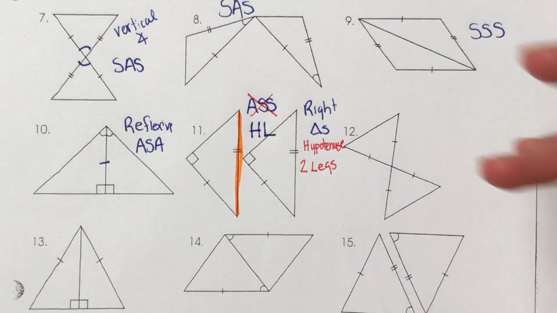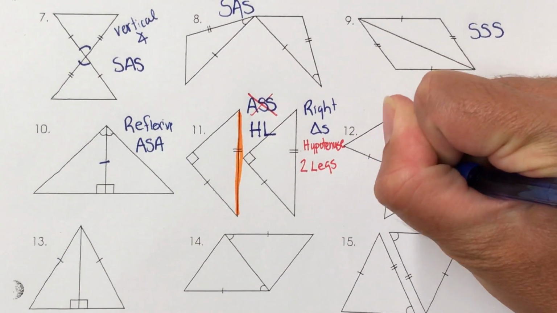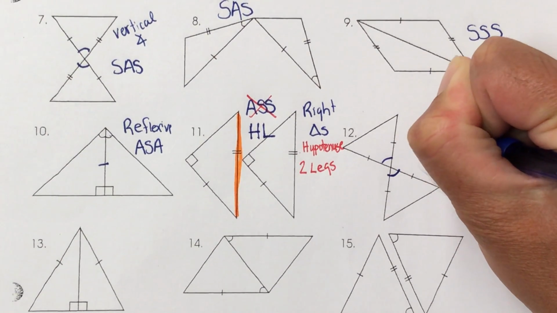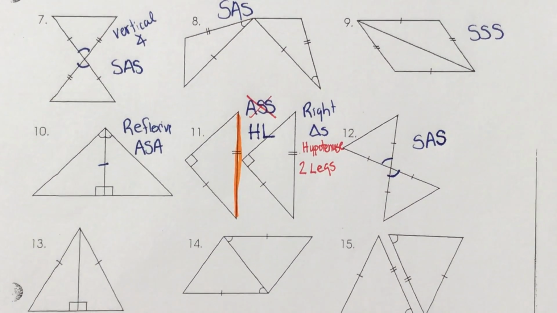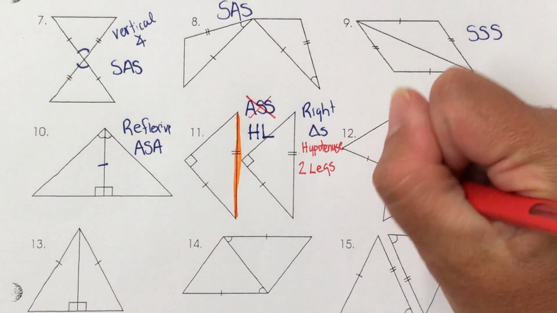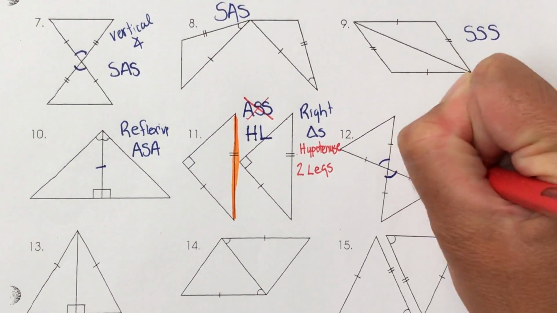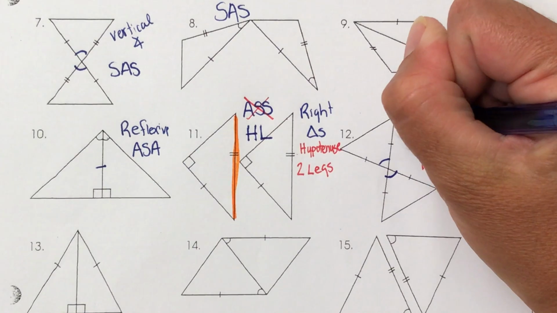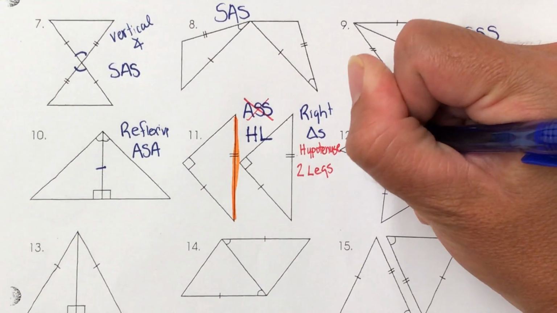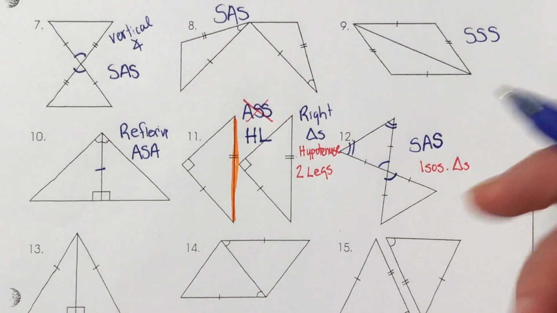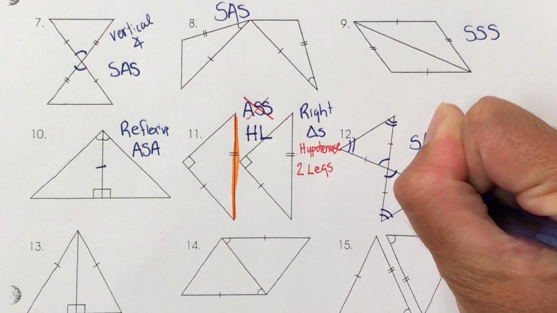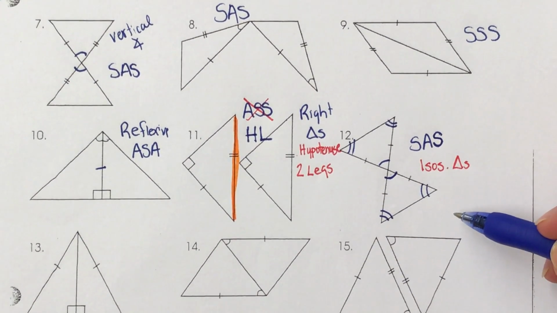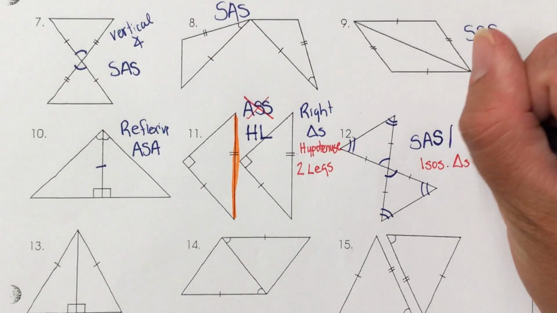Moving right along, number 12, you should have got vertical angles, so side, angle, side. If you wanted to go even further and say, oh, hey, look, I've got isosceles triangles, and using your isosceles triangle theorem, which says your base angles are congruent, well, you do have enough information to use side, angle, angle to justify that the two triangles are congruent.